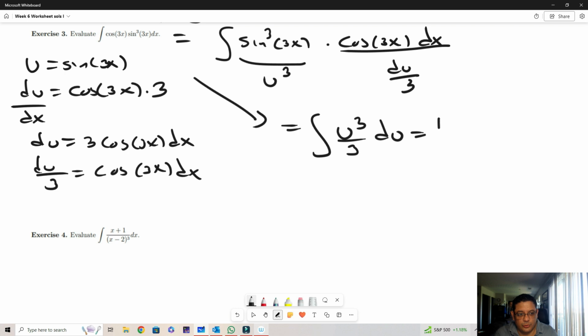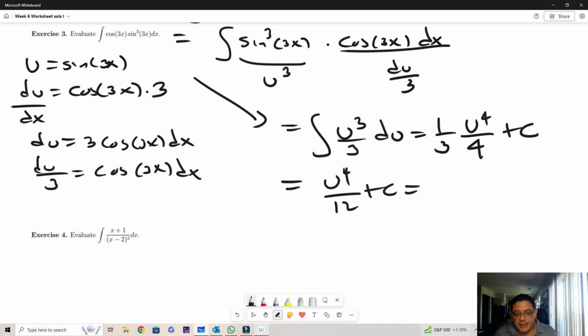And this is just 1/3 of u to the 4 over 4 plus c. And this is just u to the 4 over 12, sorry, plus c. And then we replace back to the original variable. And so this will be sine to the 4th of 3x over 12 plus c.